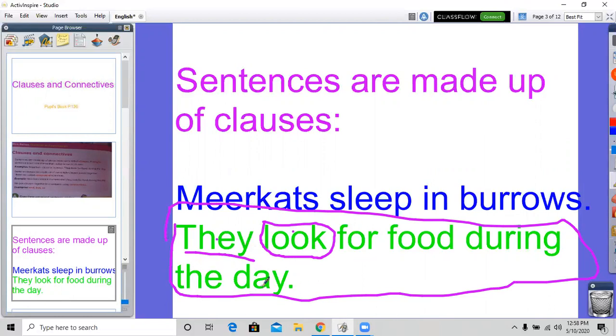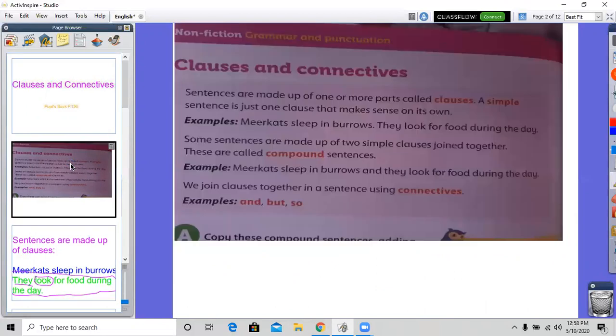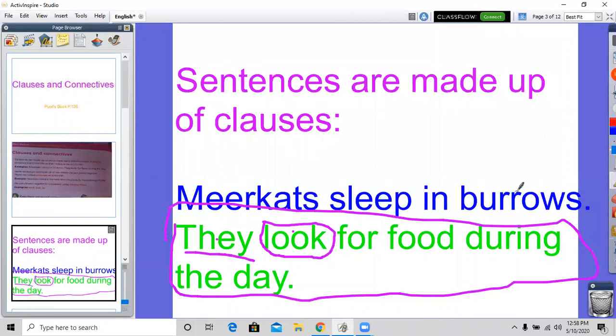It's got one idea. We're talking about one thing here. So a sentence, as we mentioned, has one clause, and we call it a simple sentence.